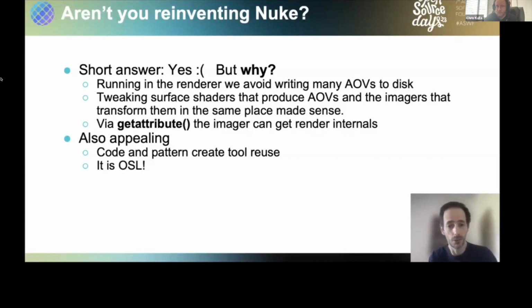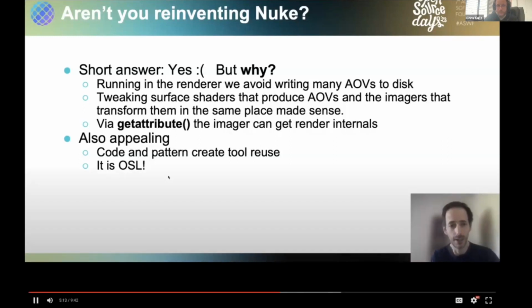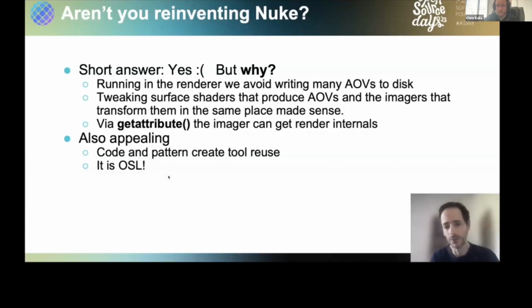I mean, with all the effects, you would look at the final result without switching DCCs at all. And also the other motivation was that, using GetAttribute, you can access any render internals from the OSL imager, so that gives you a lot of potential to do things beyond what a regular Nuke session allows you to do.